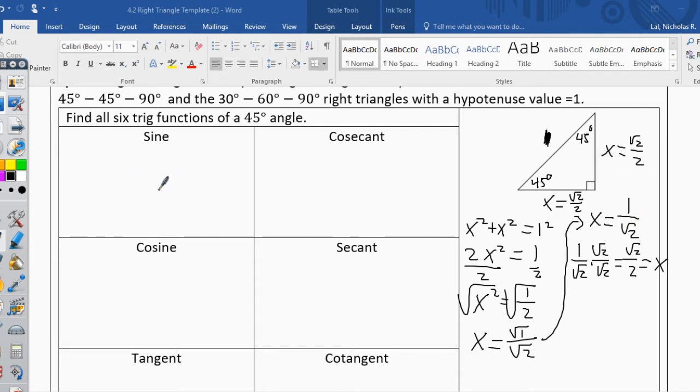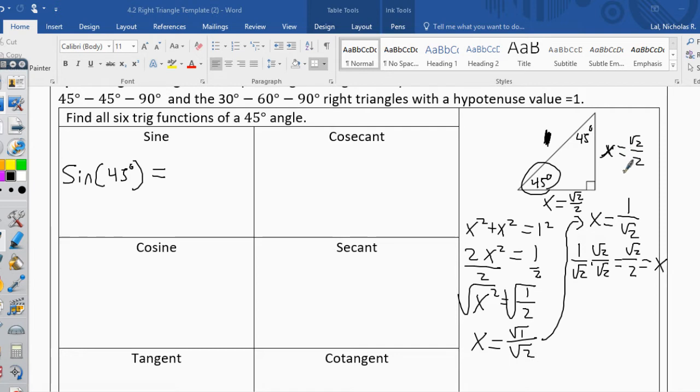So now that we have the measure of our special right triangles and what the sides are equal to, we're going to find the trig functions for 45-degree angles. So what's the sine of 45 degrees? What's the opposite side? Let's look at this 45. What side is opposite 45? This is the length of x. What's x equal to?